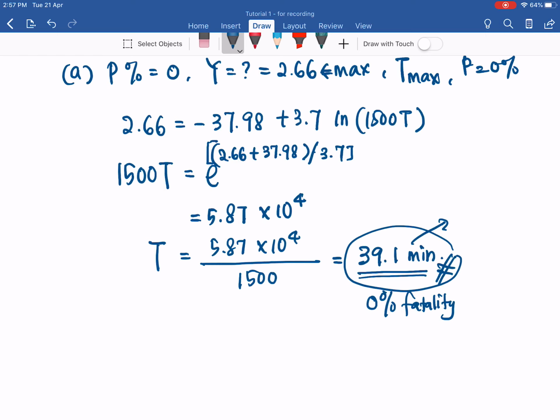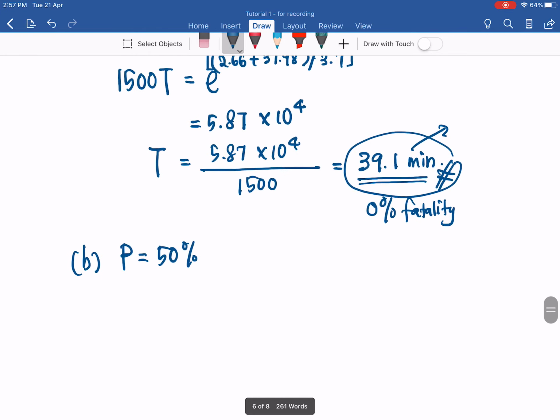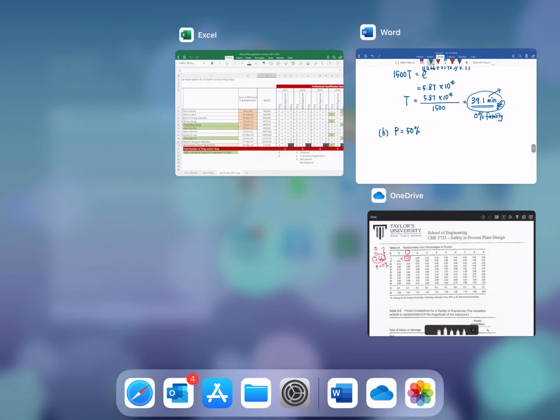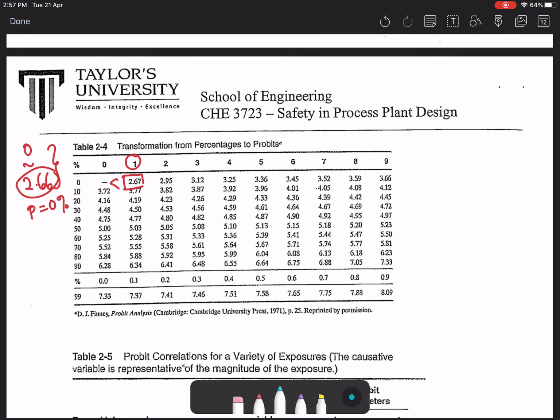That's for part A. So for part B, we are looking at P equals 50%. Okay, so again, go back to this table. When P equals 50%, so use a different color.